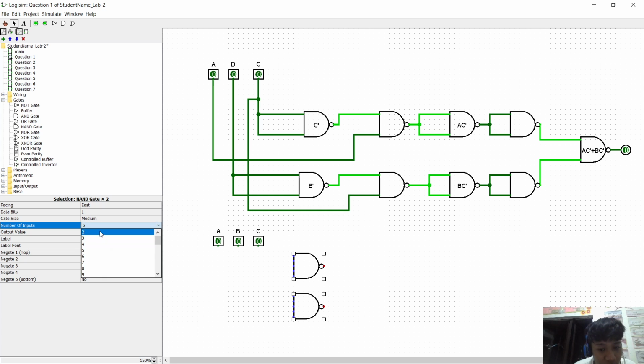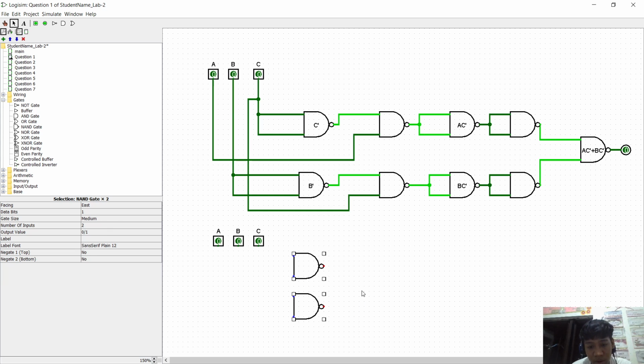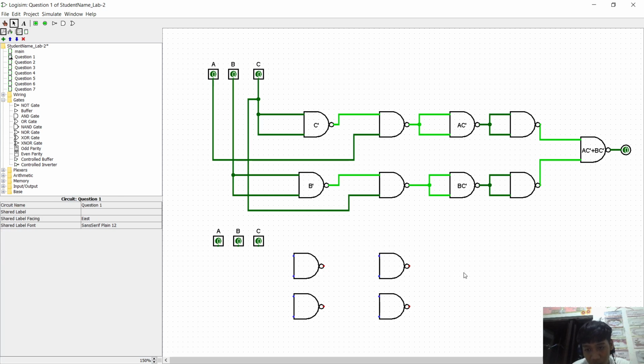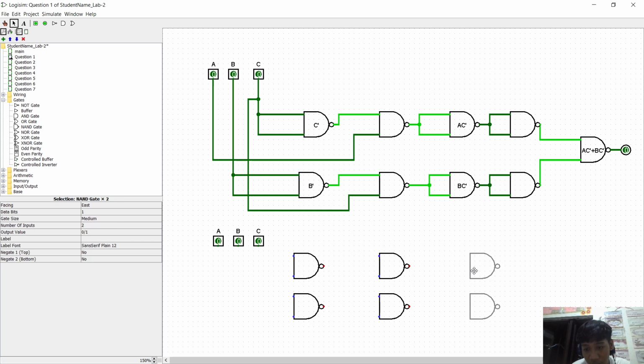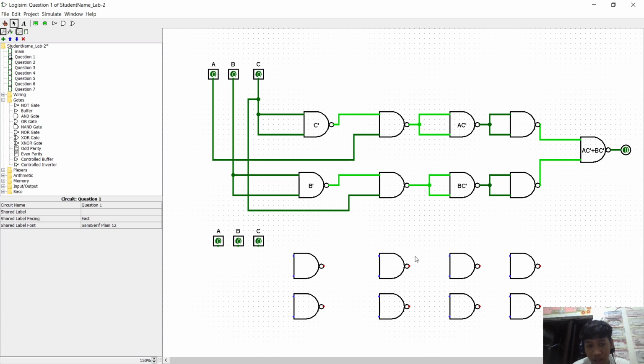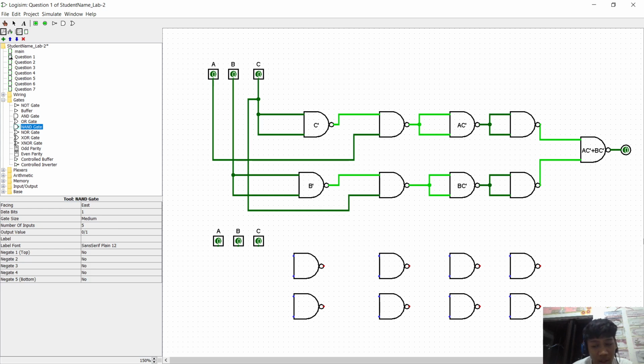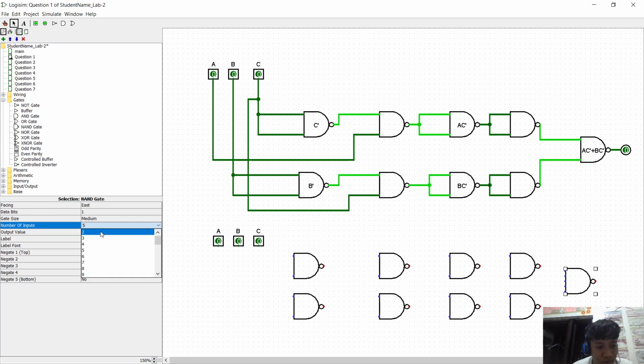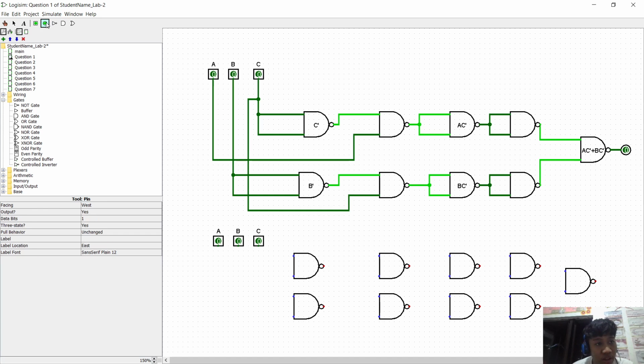Since we only have two, there will be only two inputs, and the last NAND gate will be placed at the right side. Then we only have two inputs and an output here.